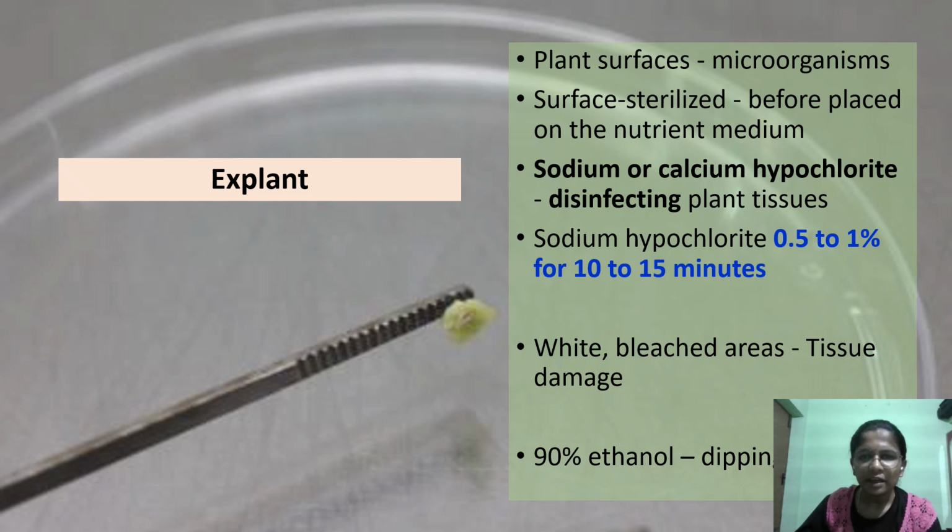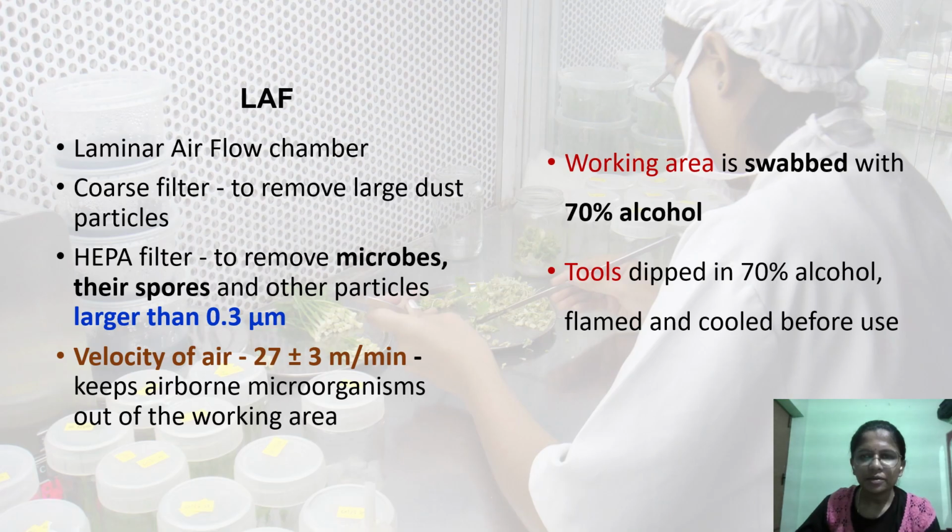And we can also use it whenever the tissues are damaged. Even ethanol can also be used as a sterilant. For laminar airflow, I have already told we can use autoclave or laminar airflow and even filters.